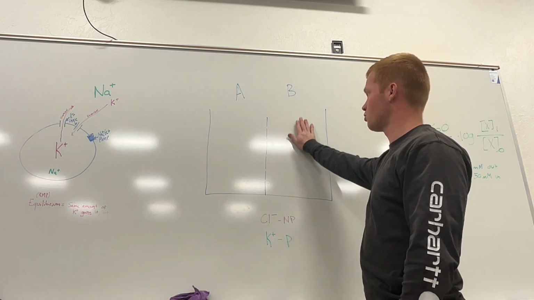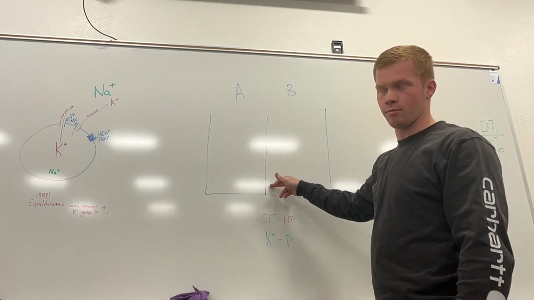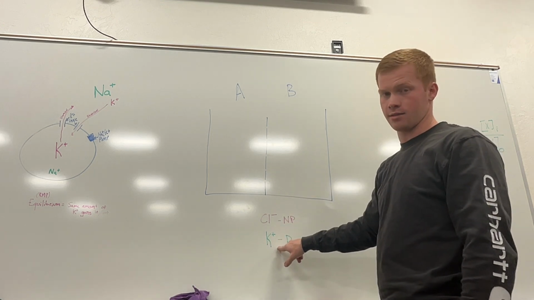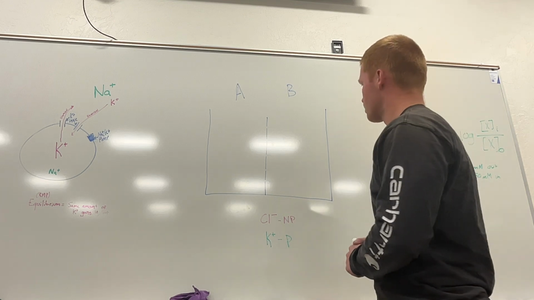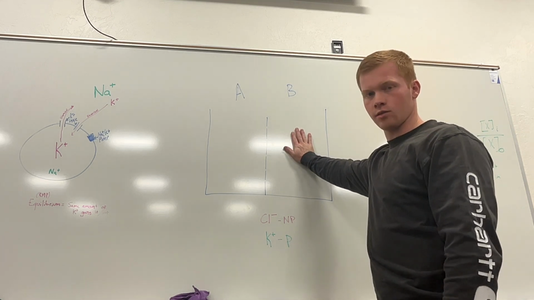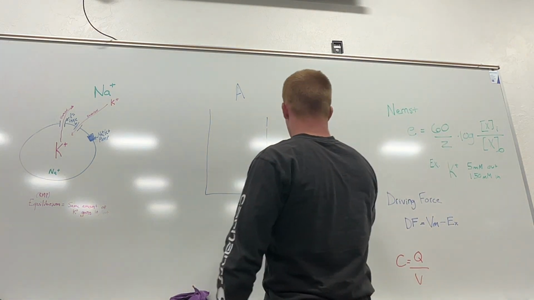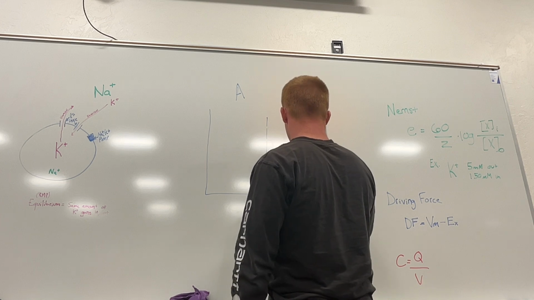But this is 2 compartments, side A, side B, and there's a semi-permeable membrane, but it's only permeable to potassium. It's not permeable to chloride. So we're going to put more of this solution on side B and less in side A. So let's see. Put our potassiums in.